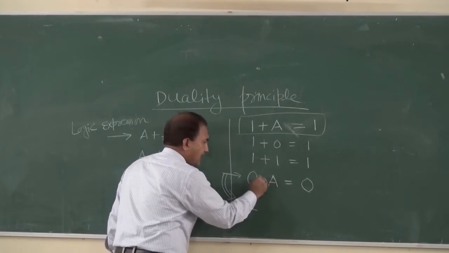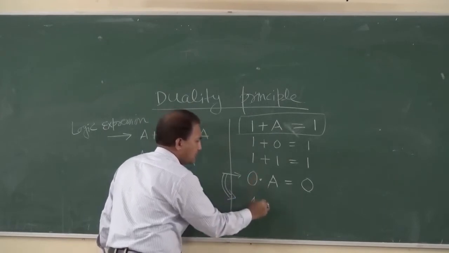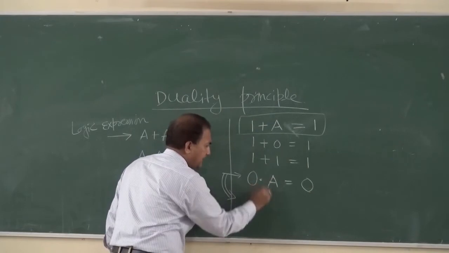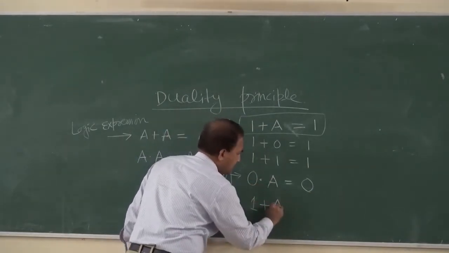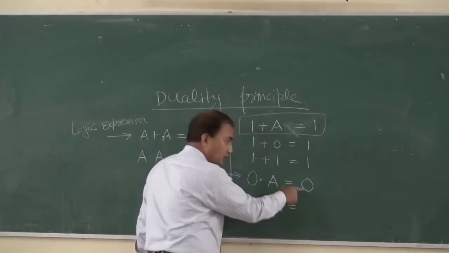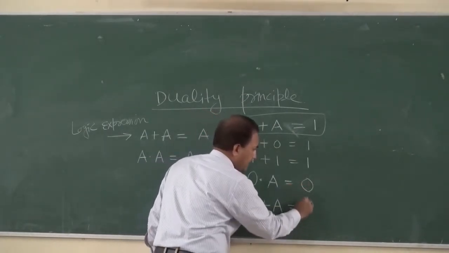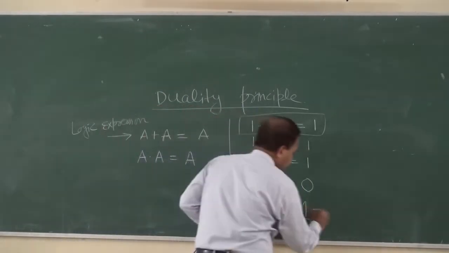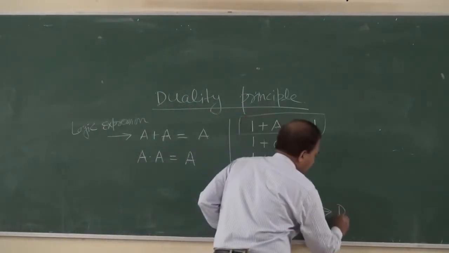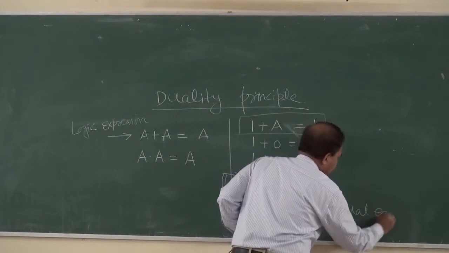Then this is an AND operator, so you have to convert AND to OR. So 1 plus A, where you convert 0 to 1. So this is the dual expression.